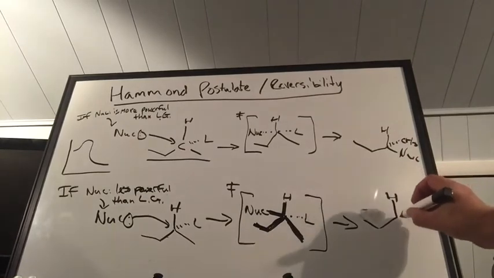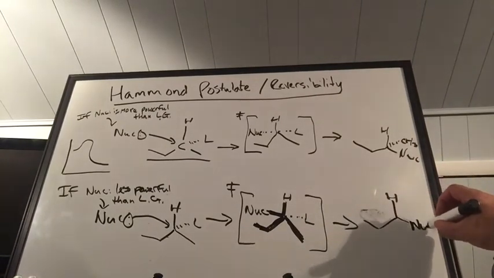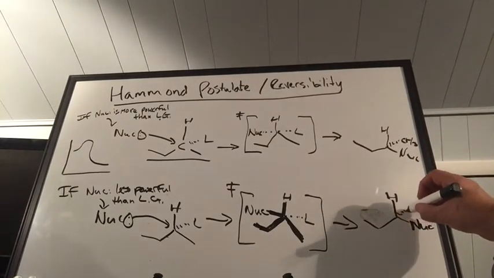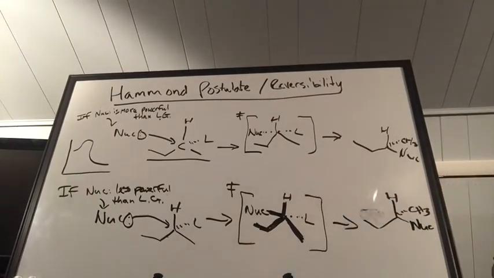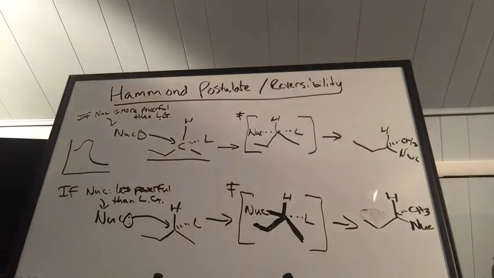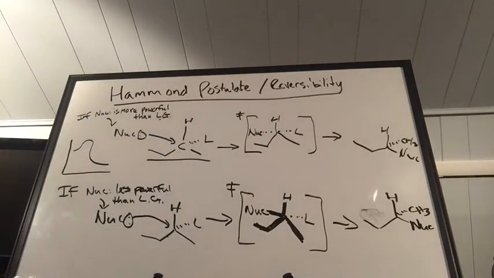Okay, so you're going to have the same generic product both times. But again, you have to think about how strong the nucleophile is relative to how great or poor the leaving group is. And that's really going to give you the distinction.